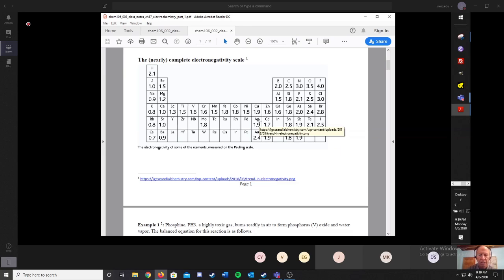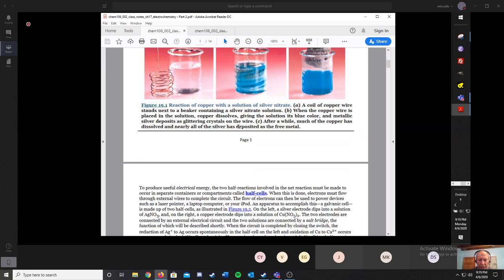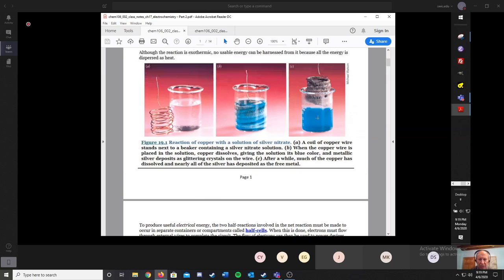So in the beaker that had silver and copper, silver won, copper lost. So copper loses its electron and goes out into solution, and silver gains its electron and becomes a solid again. Whenever the reaction proceeds, the solution turns blue in color. It's a characteristic of copper solutions.